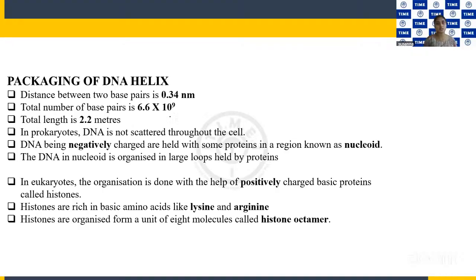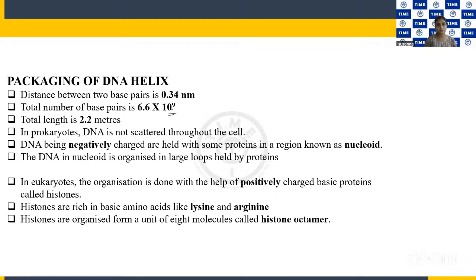The first thing is the distance between two base pairs is 0.34 nanometer. That we have already learned, right? And the total number of base pairs in the case of humans is 6.6 into 10 raised to 9 base pairs.